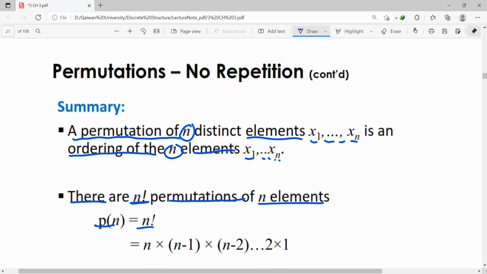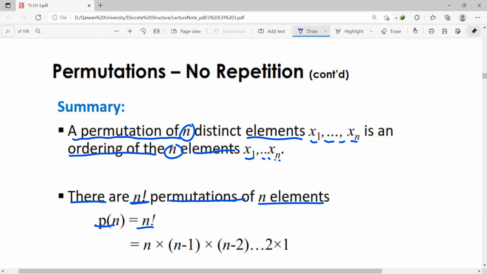So P of n is n factorial. For example, choosing 10 people among 10 people means it is 10 times 9 times 8 up to 1, and this equals 10 factorial.